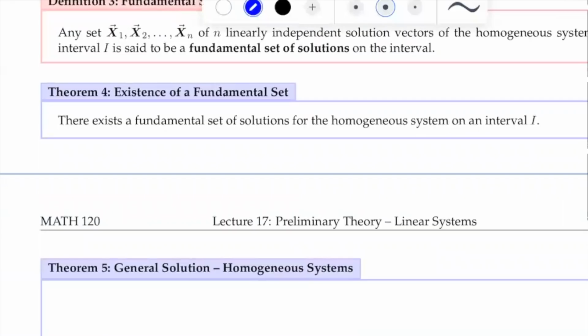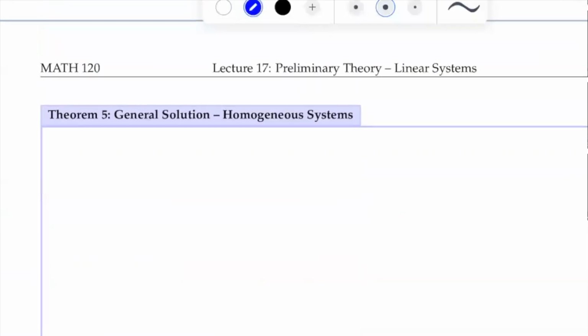Okay. So let's say that you have a fundamental set of solutions consisting of x1, x2, x3 up to xn.